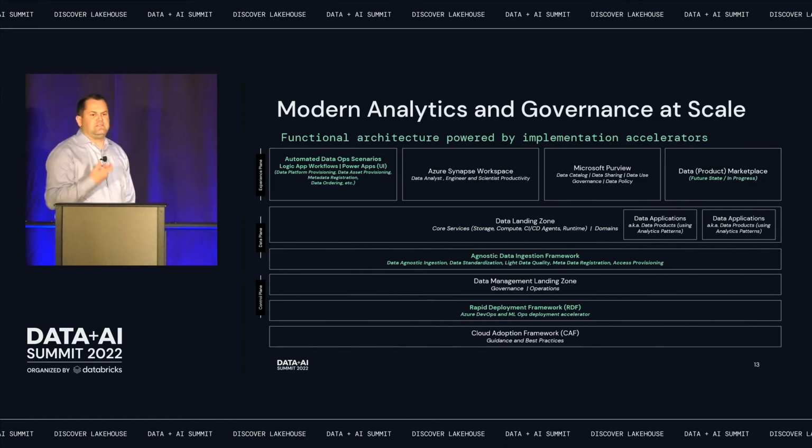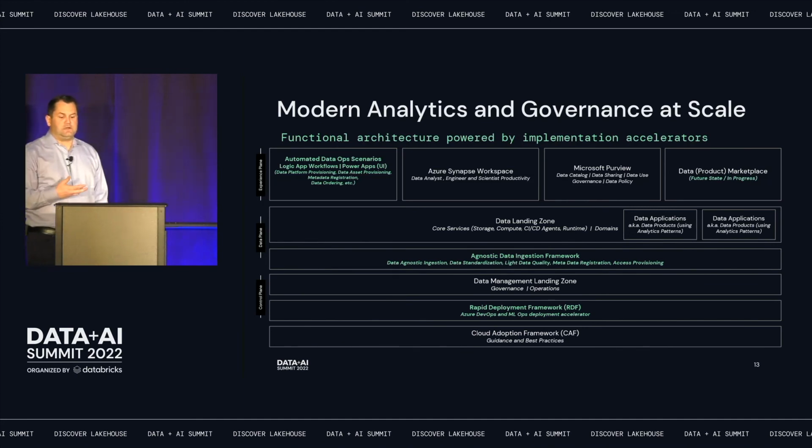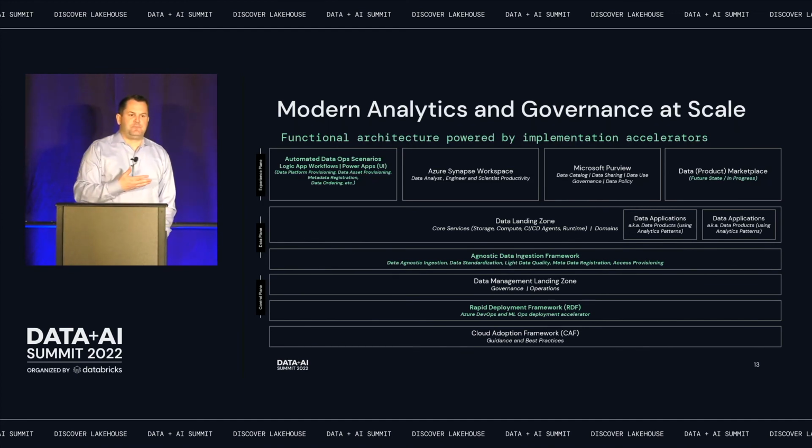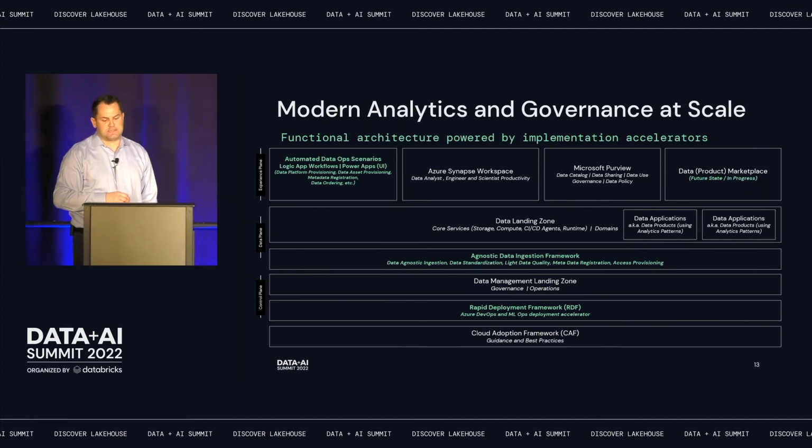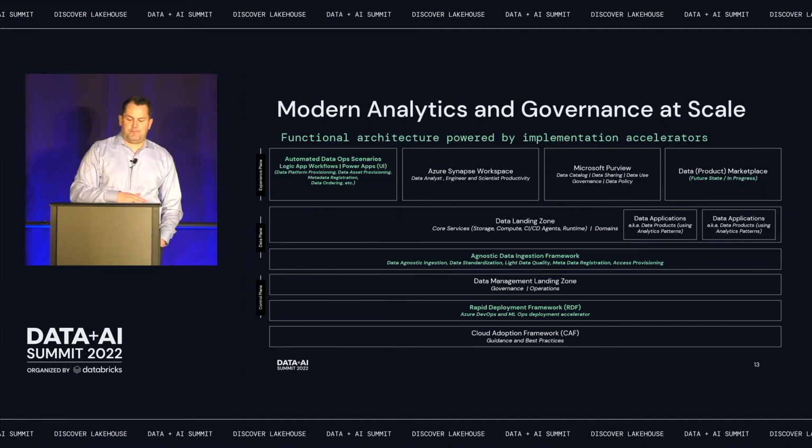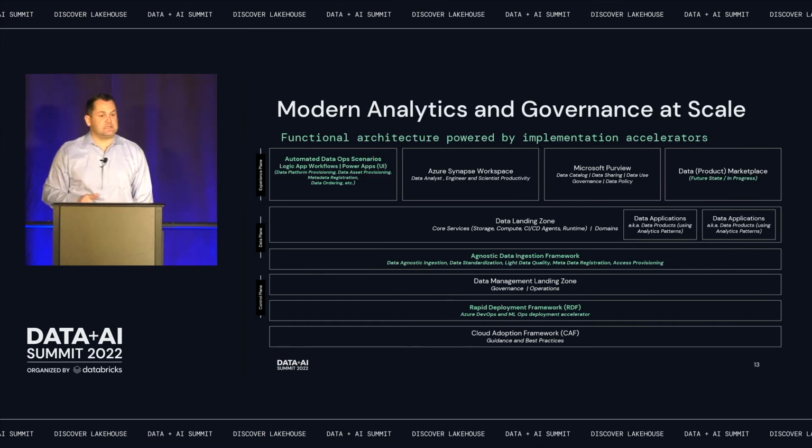So in terms of productivity experience, rather than building some productivity portals, leverage the Synapse workspace as the productivity plane for data analysts, engineers, scientists, etc.